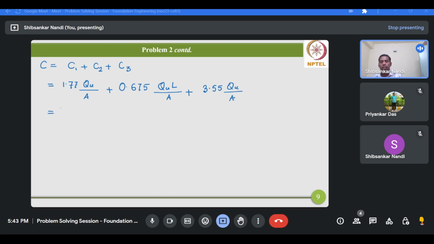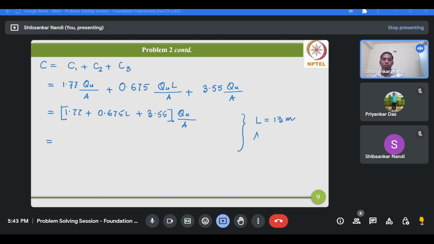So we'll take this QU by A in common. So 1.77 plus 0.675 L plus 3.55 by L. Now what is the value of L? So L is basically 13 meter.